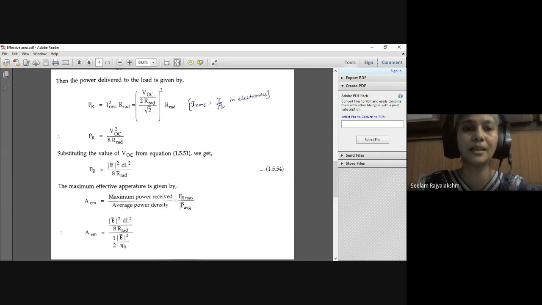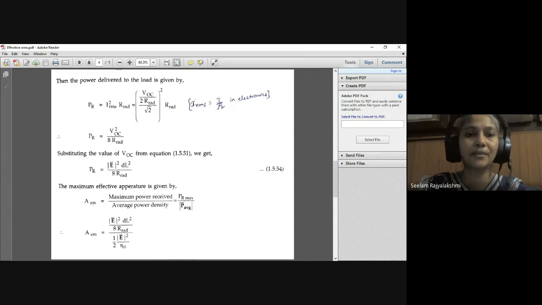In electronics, I RMS equals I by root 2. So squaring, we obtain PR equals V squared by 8 R rad.